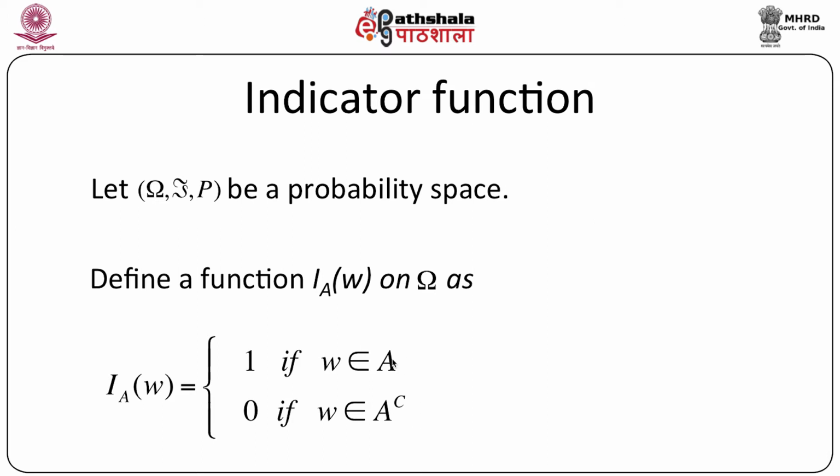That means capital A is a set that belongs to the sigma field script F, and the indicator function takes the value 1 or 0 if omega belongs to A or A complement respectively. So it's a very, very simple function, probably the simplest possible function that one can have.